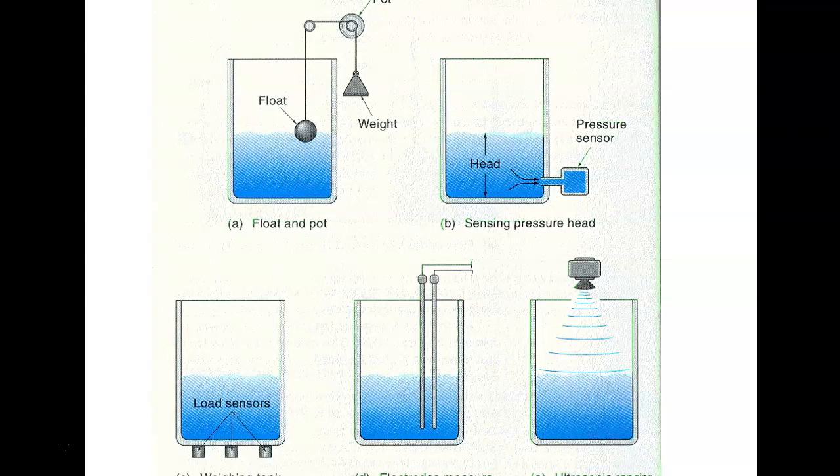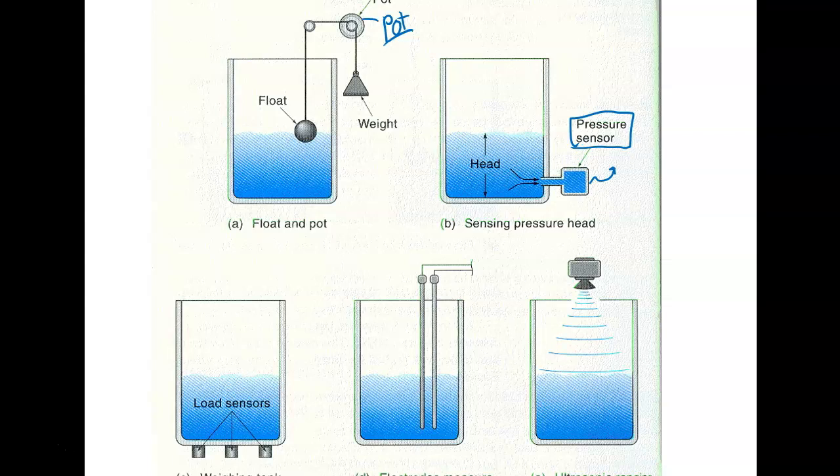These are some more. So we have a float switch here. What is the actual sensor that senses the height? Oh, y'all can't see it. Yeah, it's using a potentiometer. Here, to measure the height, they're actually measuring the pressure. So the higher the liquid, the more weight it has, right?